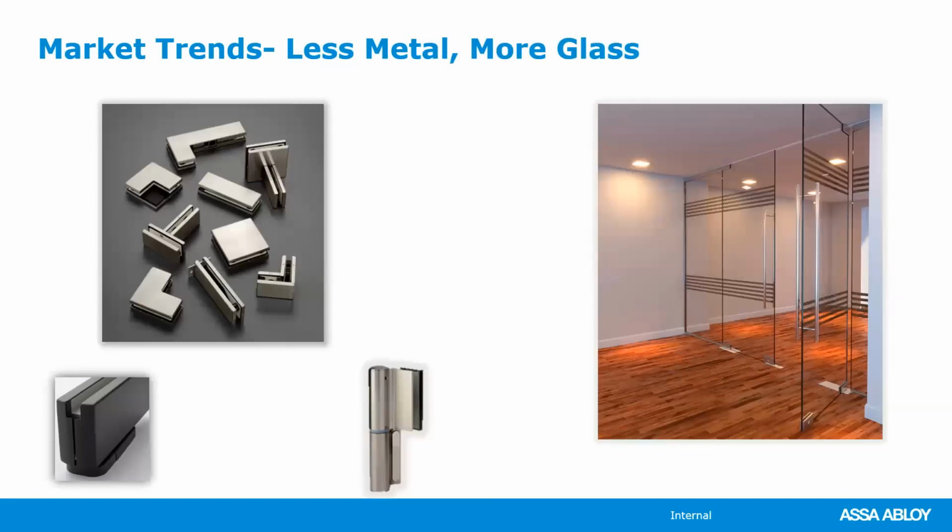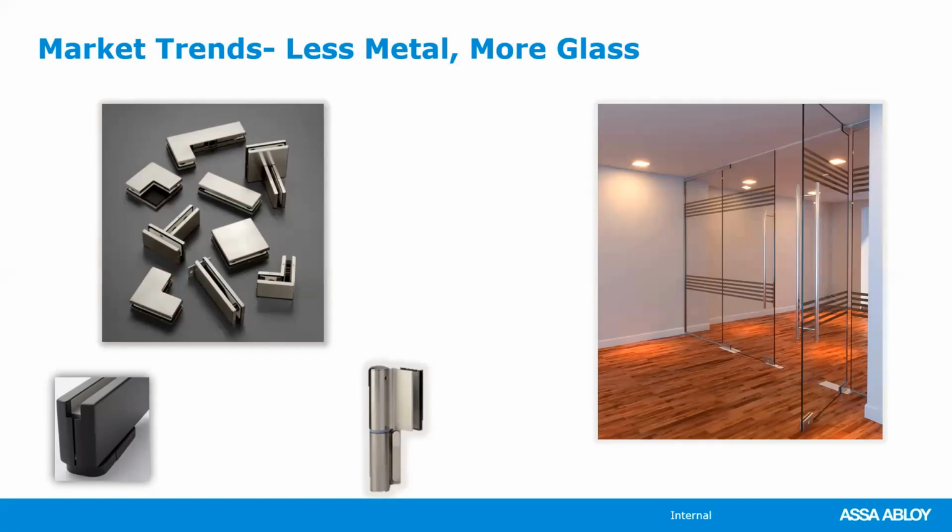Another trend that we see is less metal and more glass. So if you look in the top left-hand corner there, you'll see patch fittings. A lot of folks love that all glass, less metal look. And that's something that we have different options for, including channel for side light type walls, like you can see on this picture over here to the right.